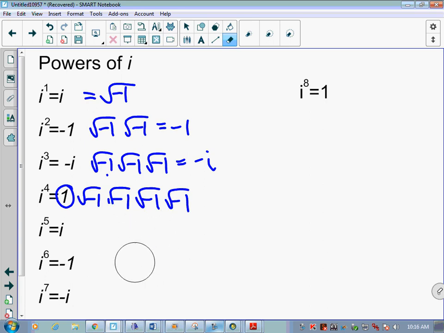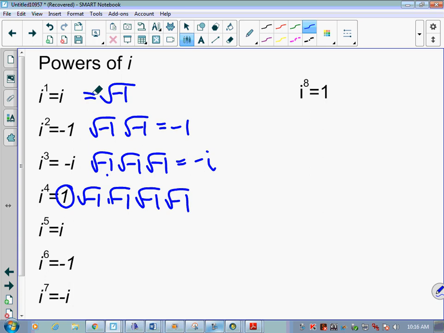And then we should start to see a pattern with the rest of this. By the time we get to i to the fifth, it comes back and we're right back at 1 again. So I want you to notice what happens with odd and even exponents. We said that i squared is negative 1.